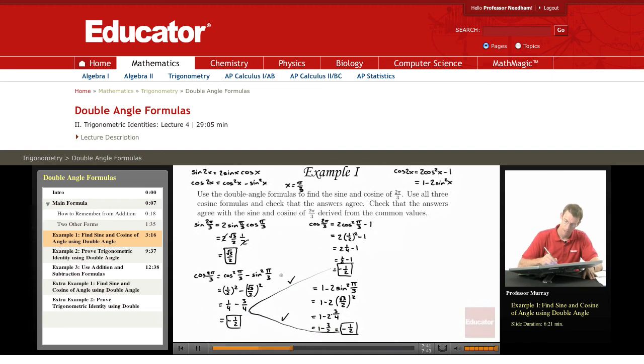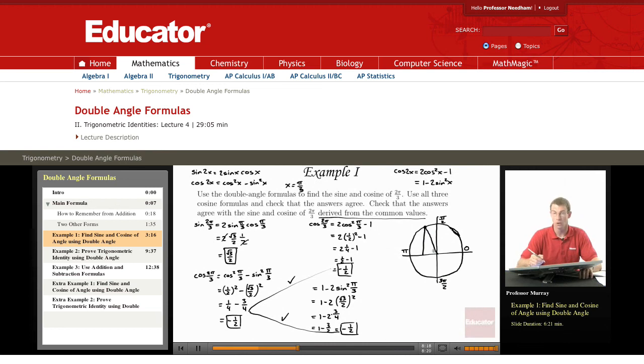That's reassuring. But now let's work out the sine and cosine of 2 pi over 3 just using the old-fashioned common values. So let me draw my unit circle. So there's 0, pi over 2, pi, and 3 pi over 2. 2 pi over 3 is 2/3 of the way from 0 to pi, so there it is right there. That's my 30, 60, 90 triangle.